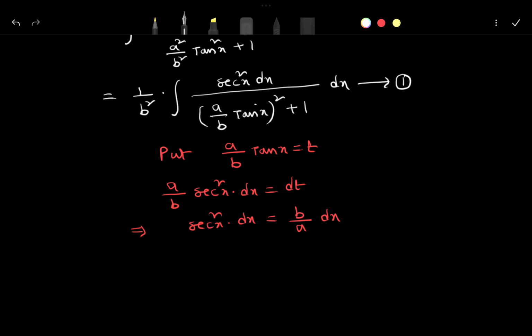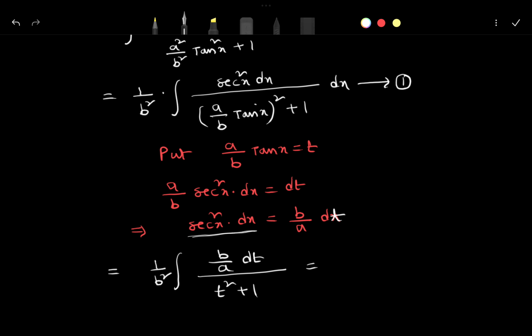So now from 1, substitute in 1, you can write 1 by b square into integration of secant square x into dx value b by a into dt whole divided by t square plus 1, right?